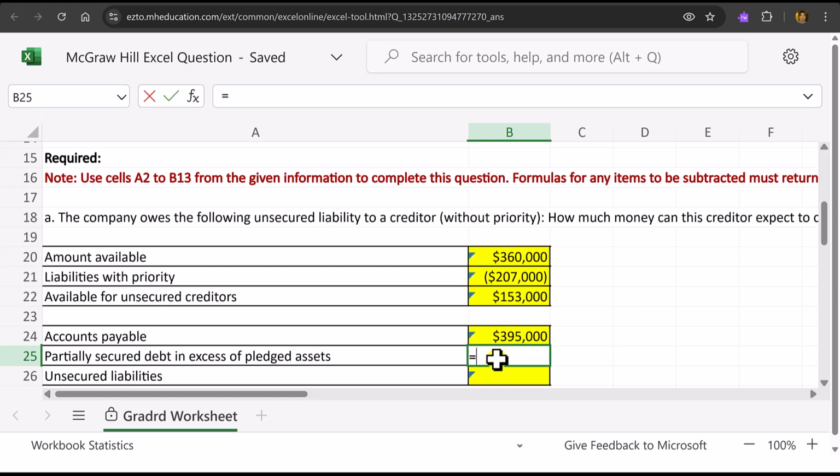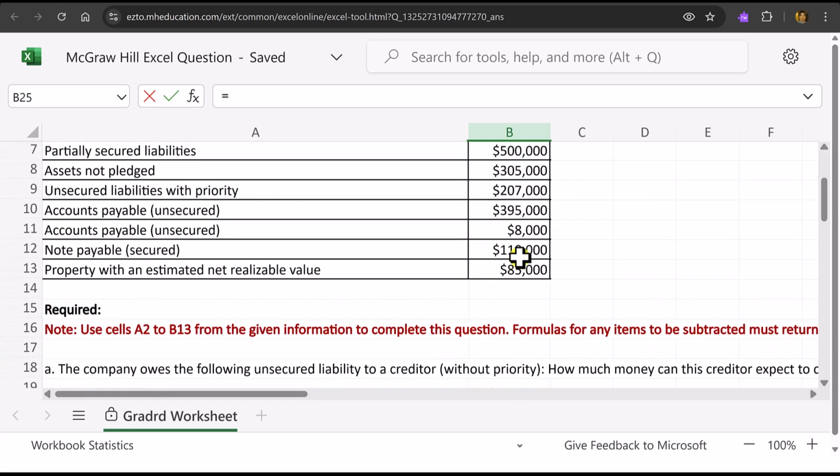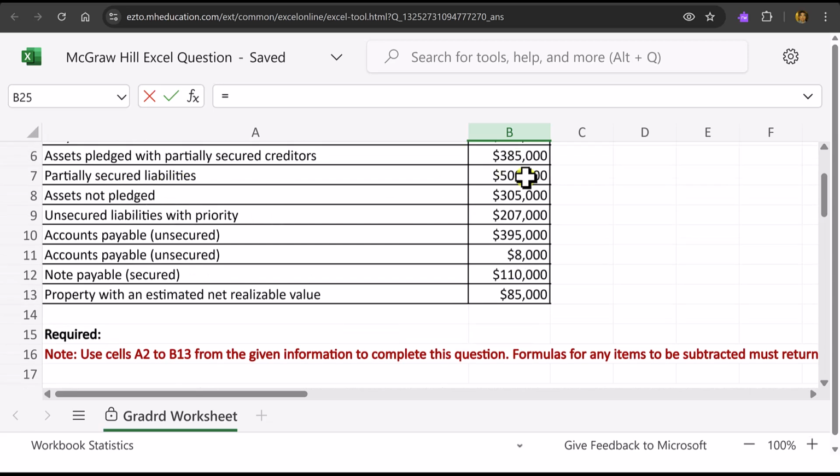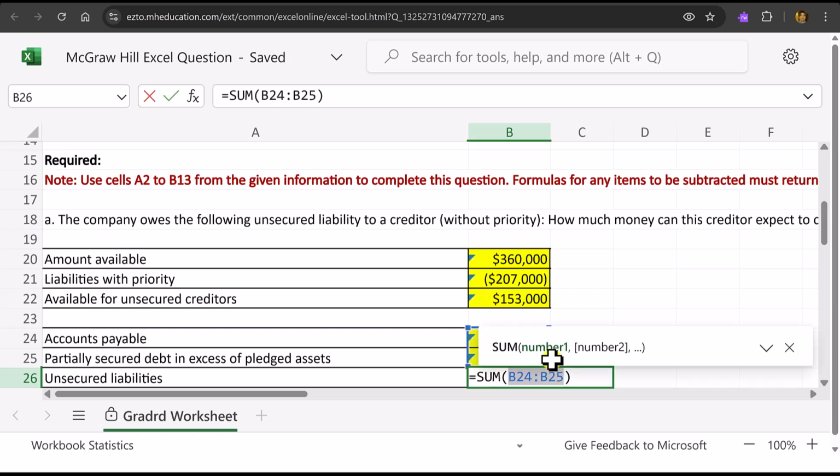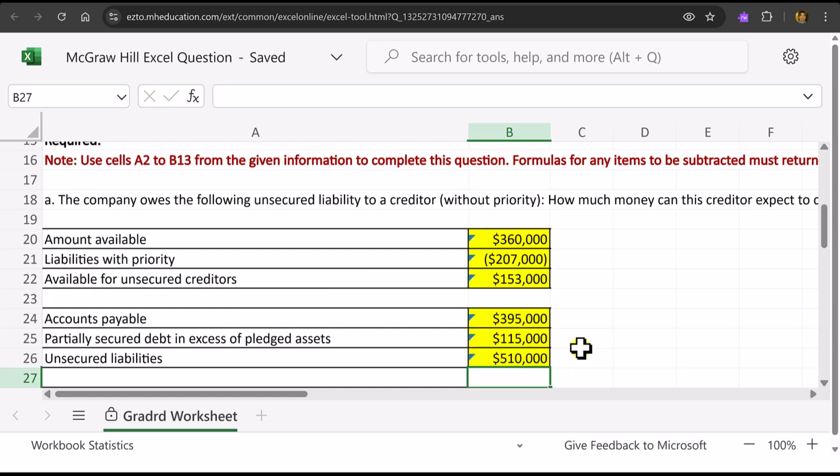So that's the liabilities owed to them, partially secured liabilities, and we minus out the assets they already got, this 385, leaving us another 115,000 to be paid off. So the accounts payable plus the remaining amount owed to partially secured creditors equal 510,000 we owe those unsecured creditors.